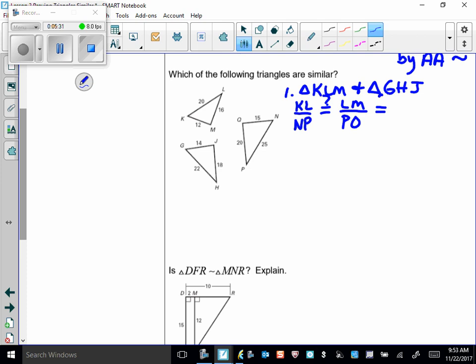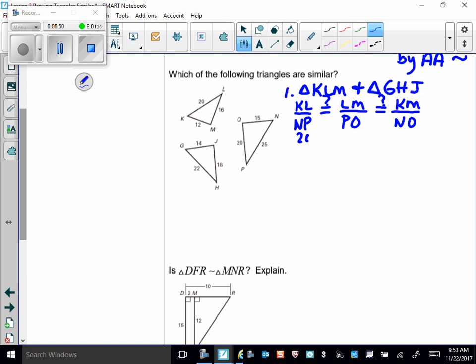Again, not sure that's the correct order, but I need the lengths right now more than I'm concerned about the order. And finally the short sides would be KM over NO. So let's see what those ratios are.